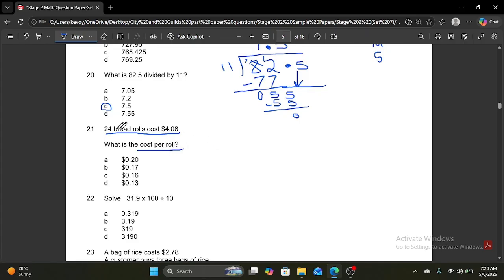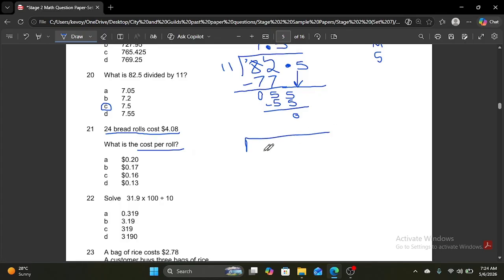When you buy the 24 rolls and it costs $4.08, if you want to know the cost per roll, you just have to divide.